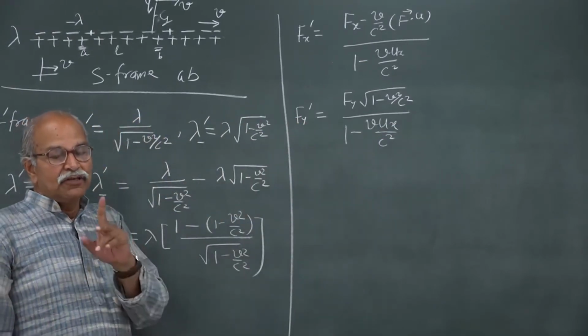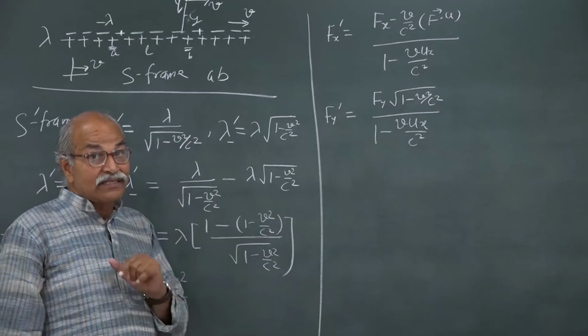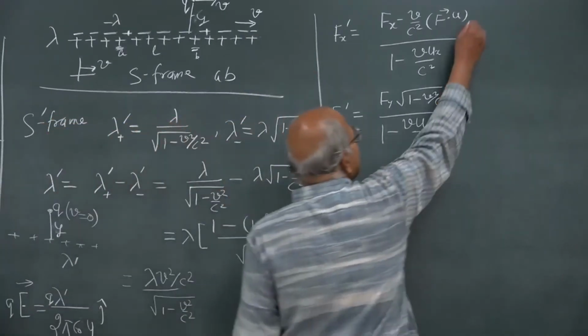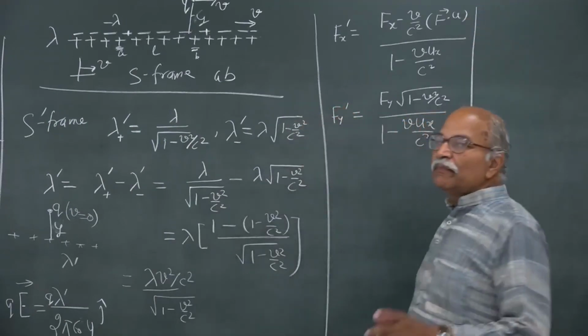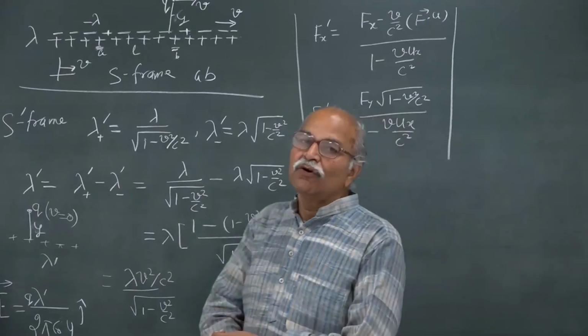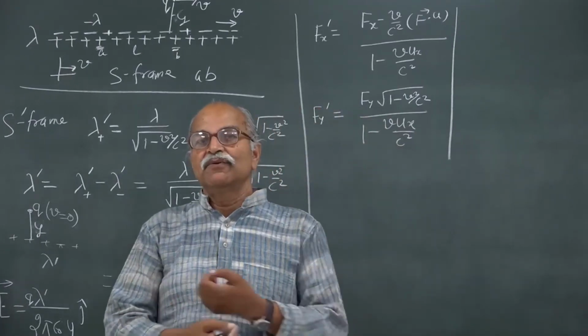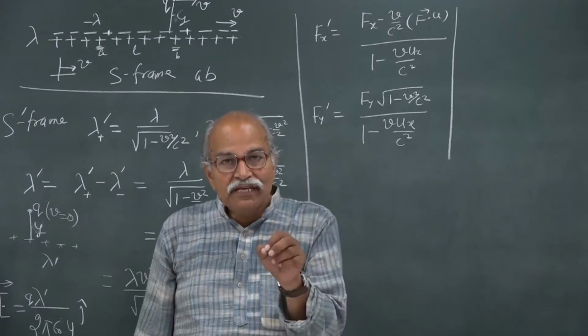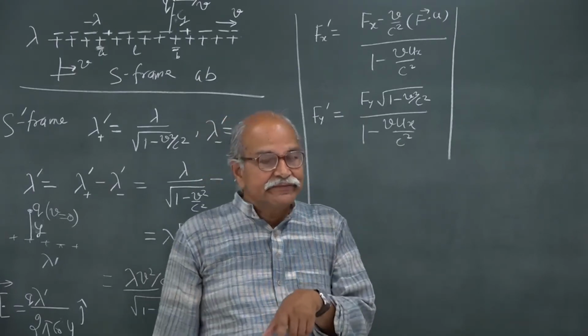I have to go from S prime to S. So, inverse transformation, and inverse transformations are, remember, very simple: interchange all primed and unprimed quantities and replace v by minus v.